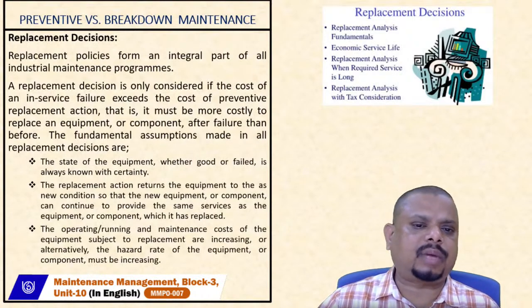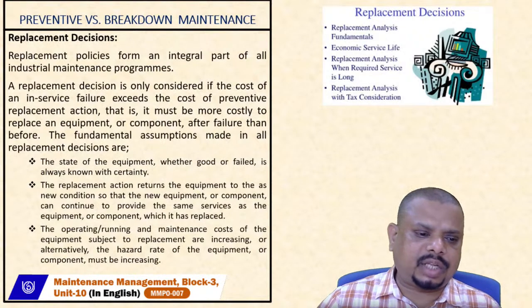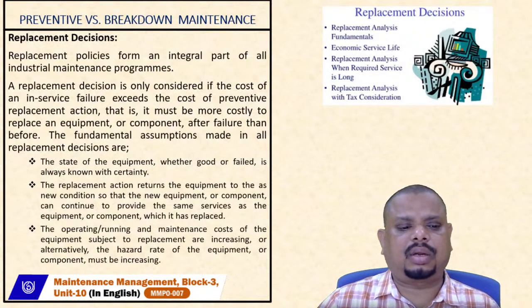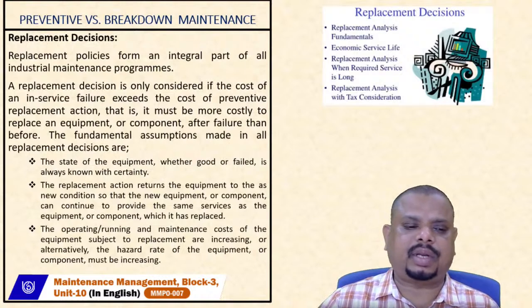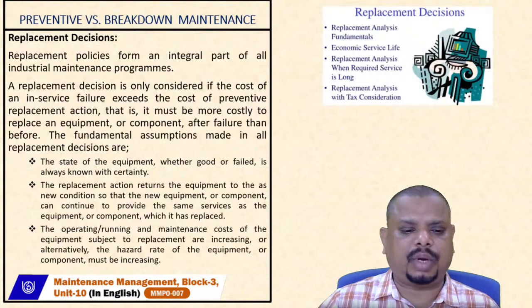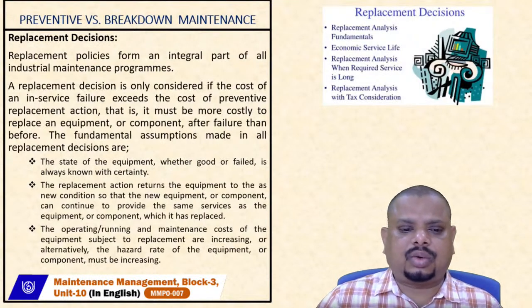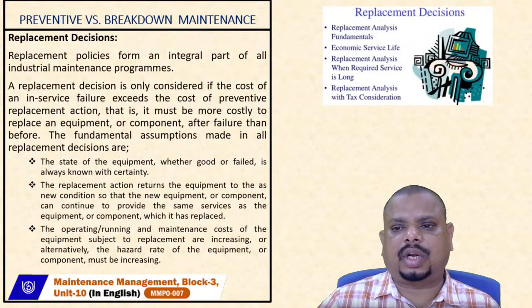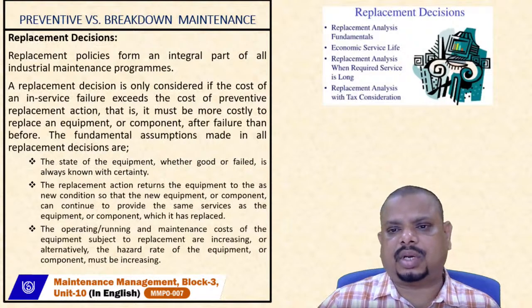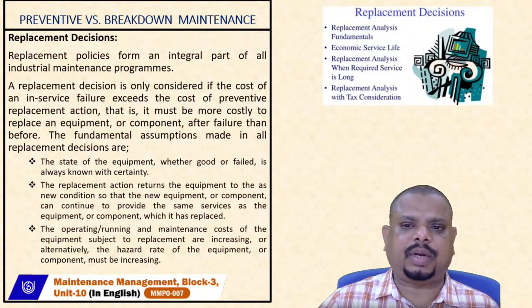That decision will be taken by the maintenance manager. And the last and most important part, whenever you focus upon the replacement decision, you must focus upon the maintenance cost of that particular equipment subject to replacement increasing, and the hazard rate of the equipment or component must increase. So these three decisions are basically made.